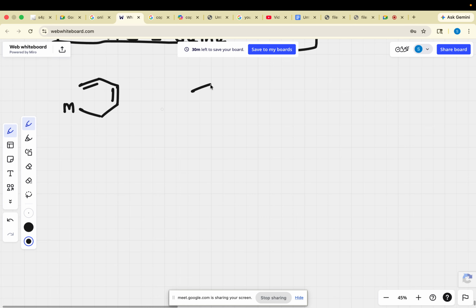Now suppose you have another 1 2 3 4 5, here also a double bond, and one more like this, 1 2 3 4 5, with the metal center and two double bonds.